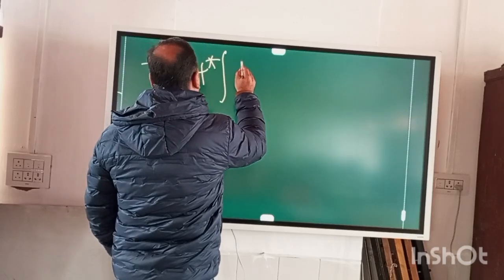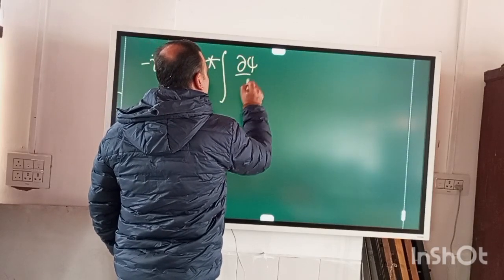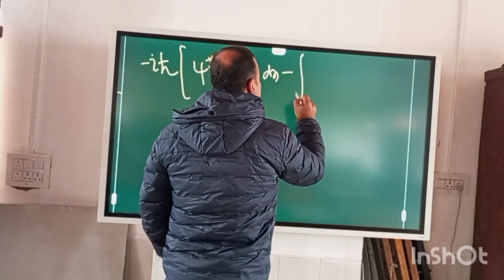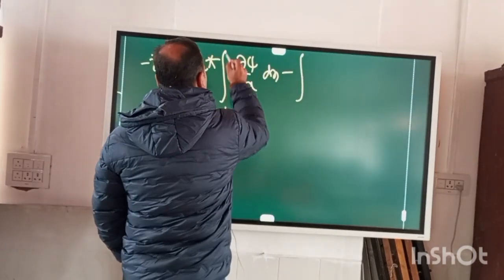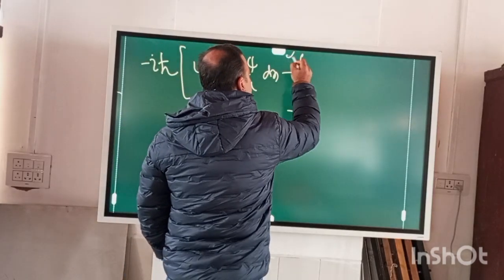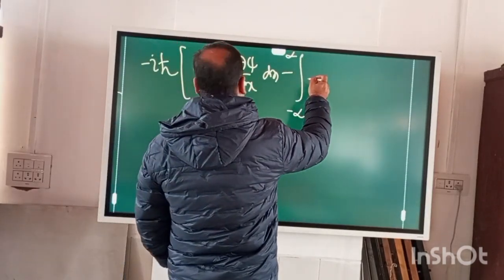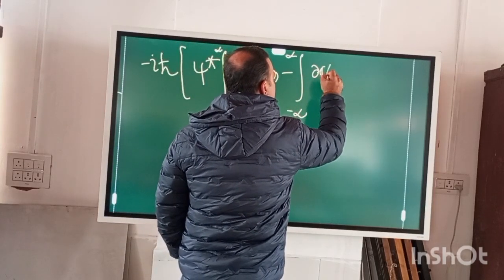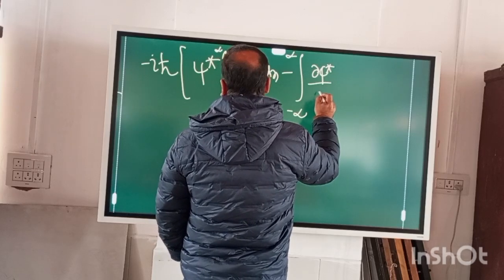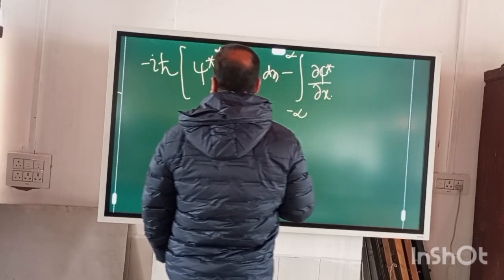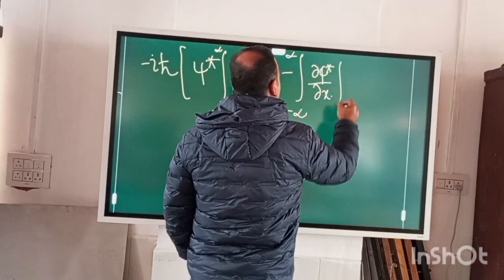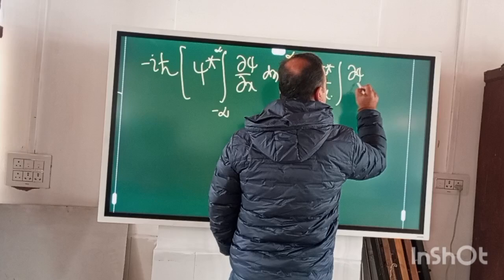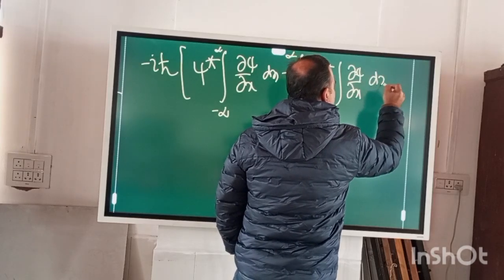It is the integration of dou psi by dou x dx. Then I will have minus the integral, with limits from minus infinity to infinity, of the differentiation of u, which gives dou psi star by dou x, times the integration of v. What is the integration of v? It is psi.